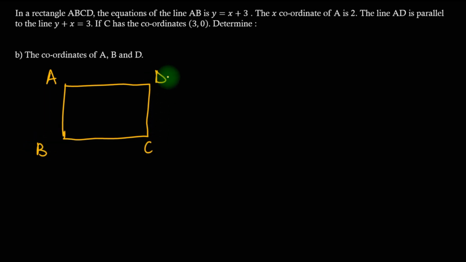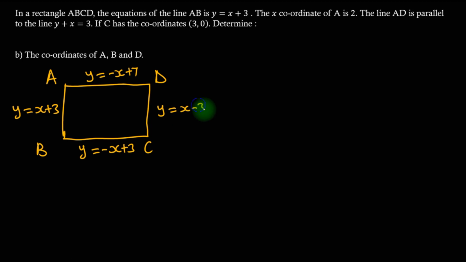This is what we have, and here the equation is y equals x plus 3. Here the equation is y equals minus x plus 7, and here it is y equals minus x plus 3, and for CD, the equation is y equals x minus 3.